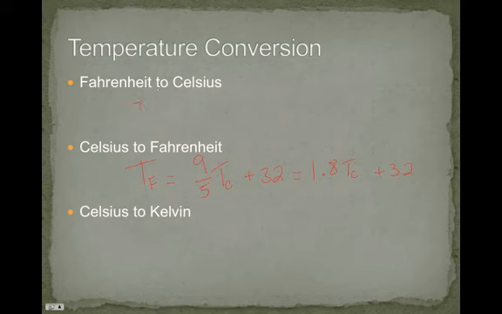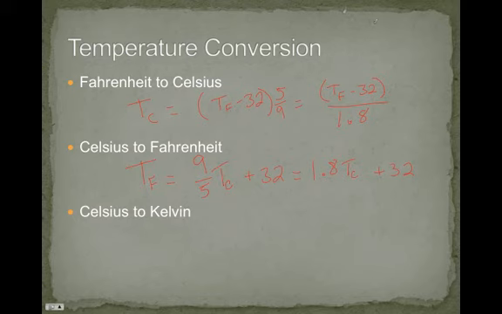If I want to go from Fahrenheit to Celsius, you just rearrange your equation, really. It's going to be Fahrenheit minus 32 times 5/9, same thing as Fahrenheit minus 32 divided by 1.8. Either way you think about it.